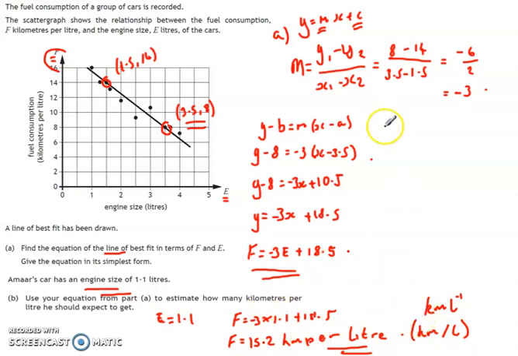So the key thing for this is we have to be able to do it, but we have to be able to put it in the context of the question. Working as we know with the y and the x is fine, but make sure you do this at the end. You have to have it in the right context for the question, and then when you do the second part of it, which is something that comes as standard, you then have to make sure again you stick to the context, particularly with things like units.